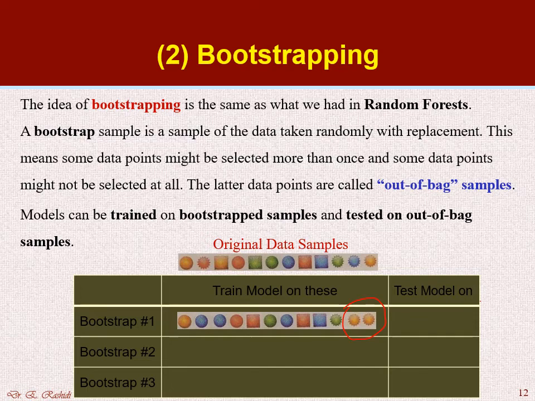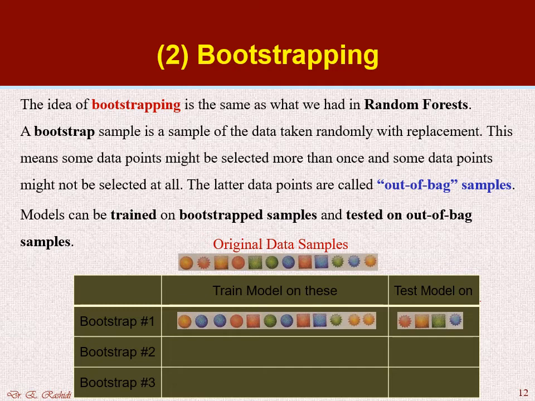This means that we have left out 4 different shapes and colors that have not been used. Those are the out-of-bag samples. The out-of-bag samples are these shapes and colors that we don't have in the training model, and we're going to use them for testing.